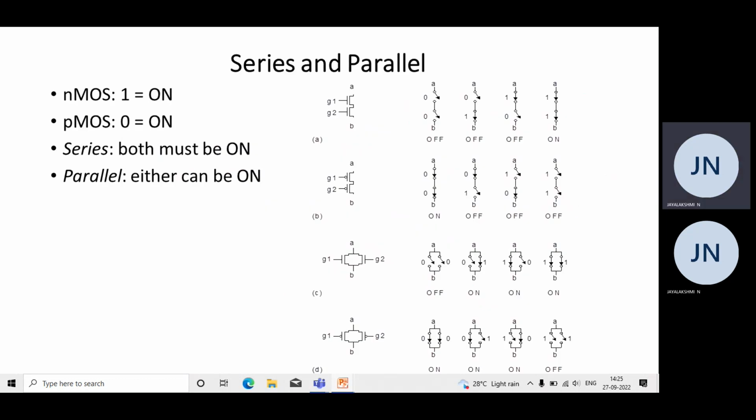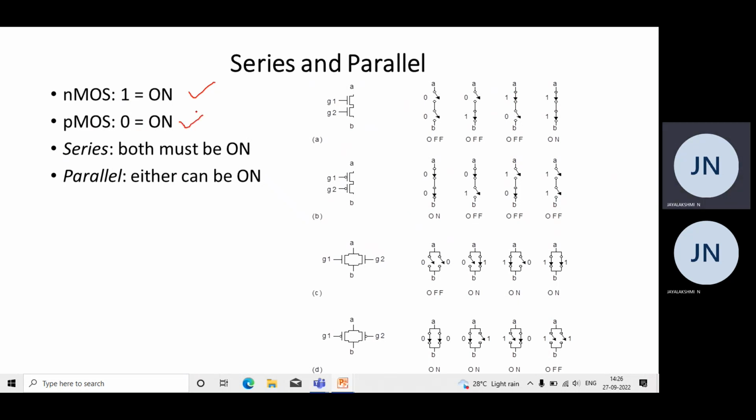So next, we're going to see series and parallel connection. Here you have to remember 4 things. First, the NMOS should be on only when its value is 1. The NMOS transistor should be on only when its value is 1, and the PMOS transistor should be on only when its gate voltage is 0.